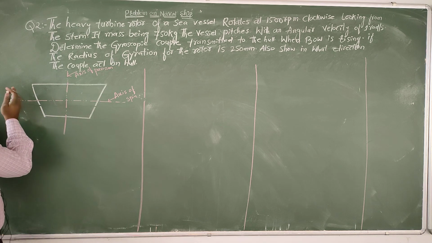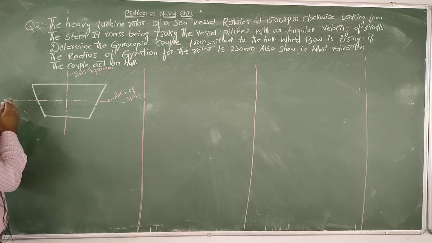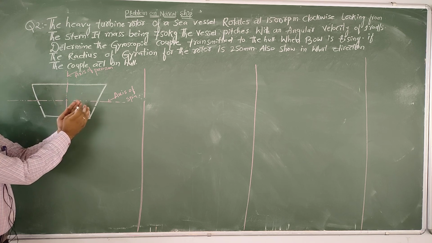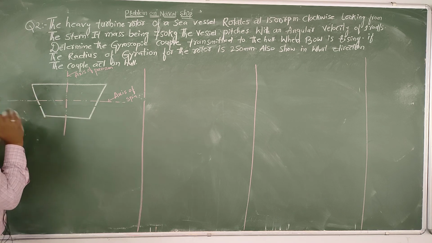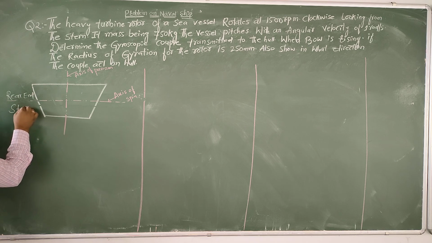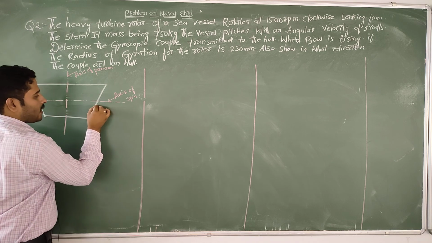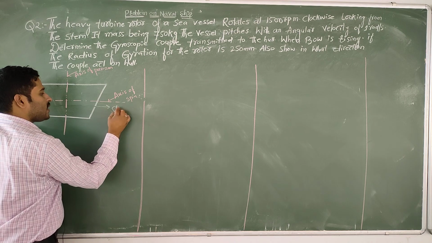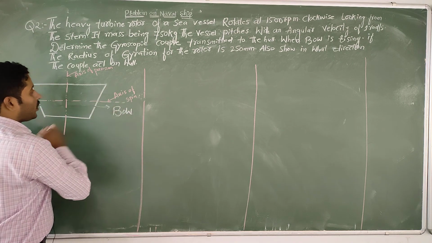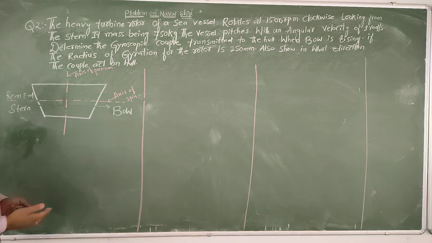The rear end of the ship we can say is the stern, and the front end of the ship we can say is the bow. Okay, I will read the question again.